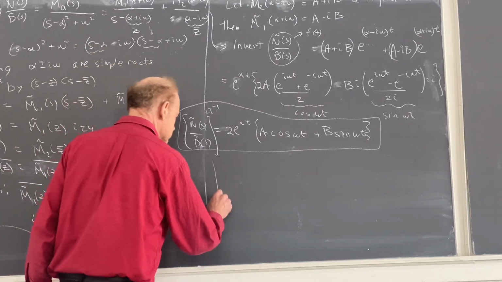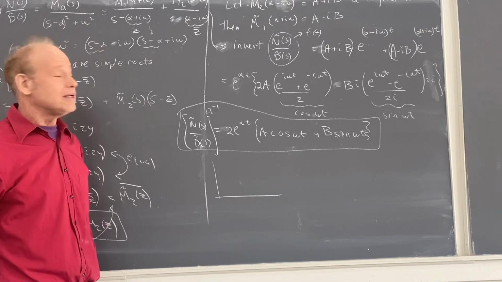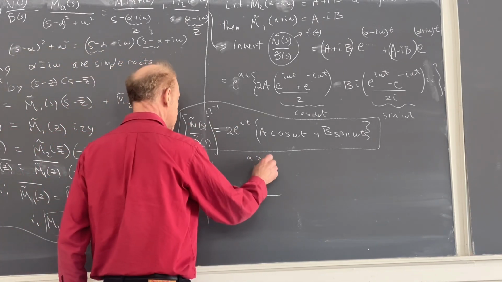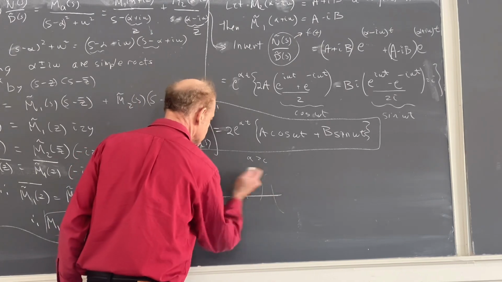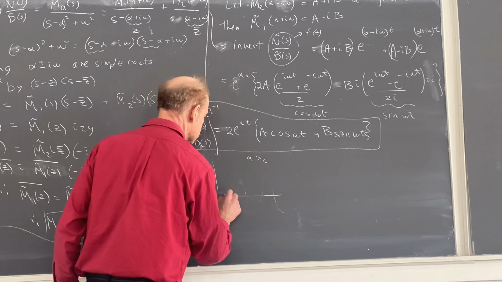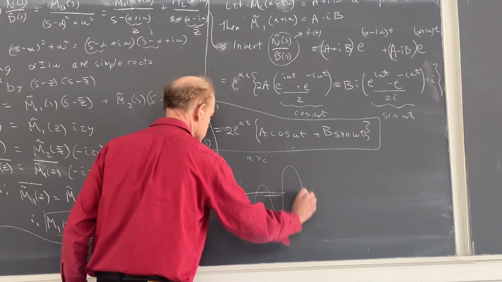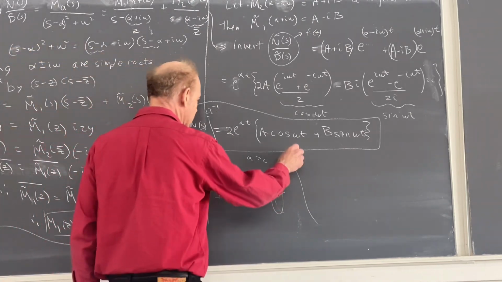This guy has an oscillation. And if alpha is greater than 0, then what happens is it's a growing oscillation, where I have an envelope.